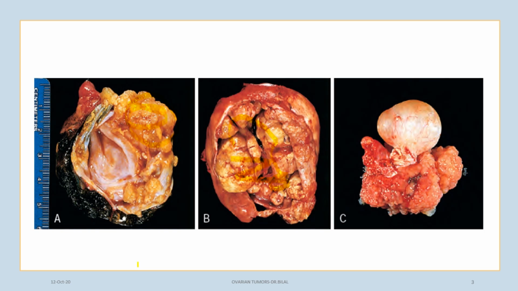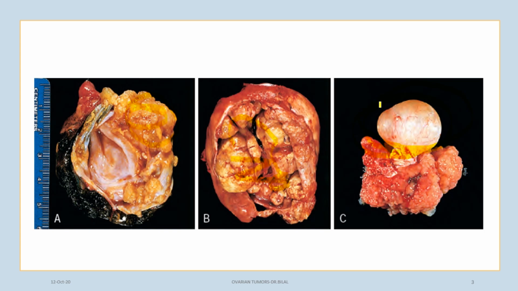If somebody is going to ask about a serous cystadenoma, the most likely picture they're going to give is something like picture C, only the upper part of it. It's a cyst that doesn't have any solid areas, a thin cyst.